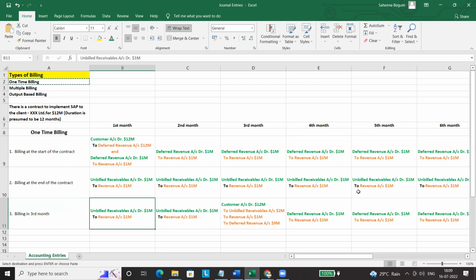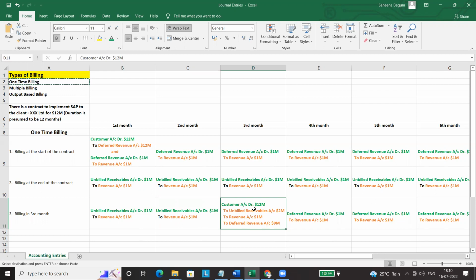Since there is no customer billing, the customer will not be debited, but instead unbilled, meaning not billed, receivable account will be debited and the revenue account credited for $1 million. And this will also be the same in the second period.